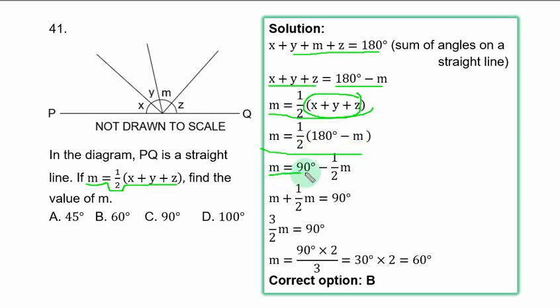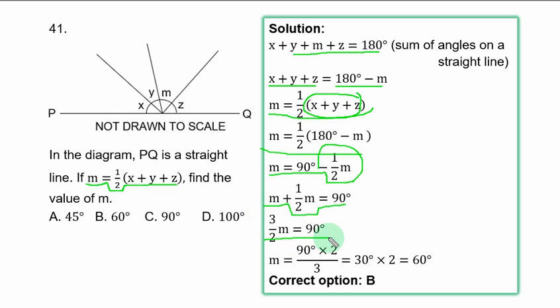So M is equal to 90 degrees minus 1/2M. You transfer this term to the left hand side, you have it in this form, equal to 90 degrees. If you add the left hand side, you have 3/2M equal to 90 degrees.